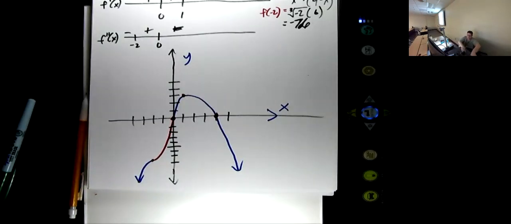Let's see what we get when we get on Desmos. Y equals 4 minus x times x raised to the 1/3 power.